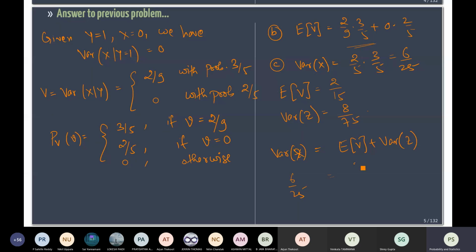Is this equal to the expectation of V, which is 2 over 15, plus 8 over 75? Okay, this is 75. 15 is like 5 times 10 plus 8, right? So this is like 18 over 75. So 3, 6, and 3, 25, right? Okay, so this indeed verifies that this is true.